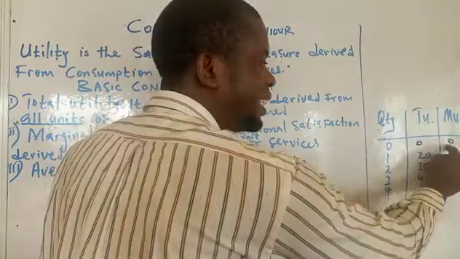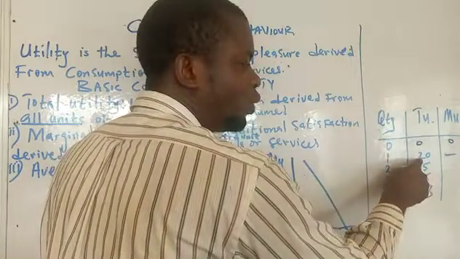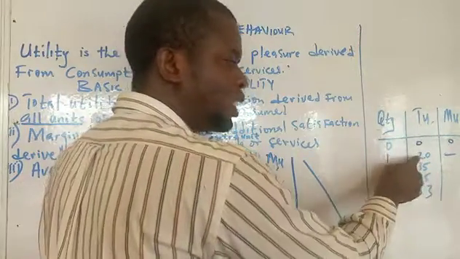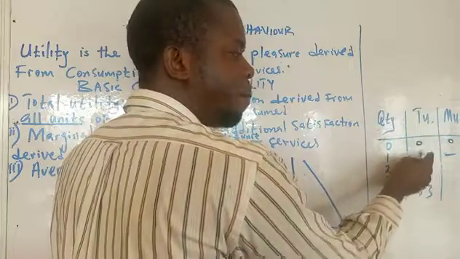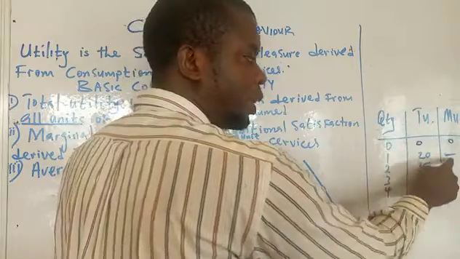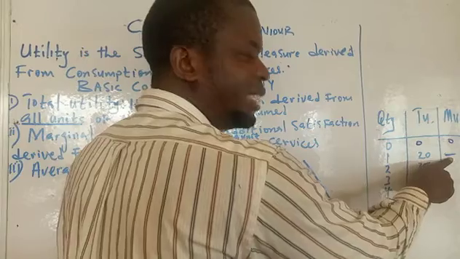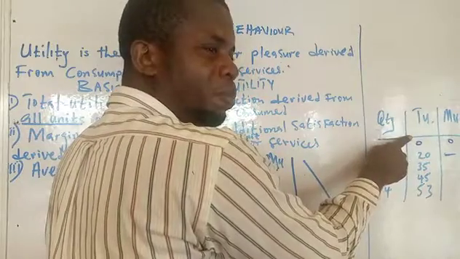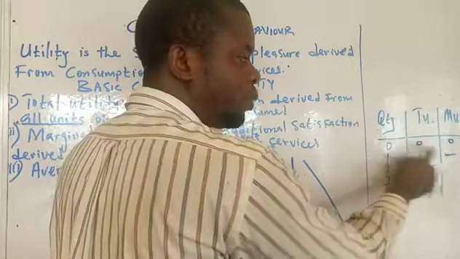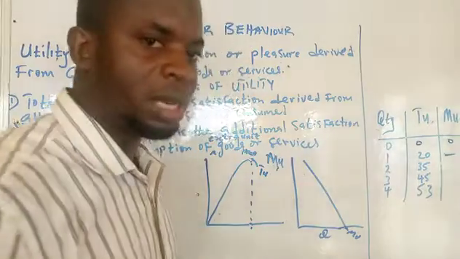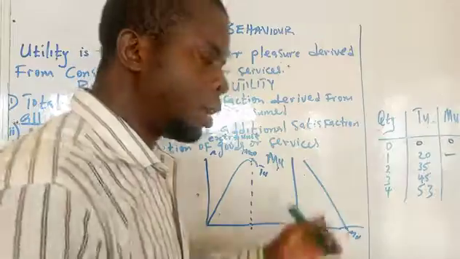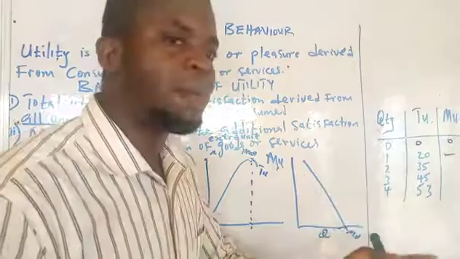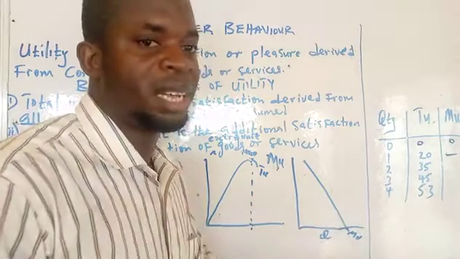You have not consumed anything here. This 20 is the first consumption, and this is the utility from it. No addition, no previous consumption. That is why you cannot have marginal utility here. So marginal utility will come when you have had consumption previously. Since you don't have previous consumption, there cannot be marginal utility here. So that is their own view. So take note. Your examiner might take a side.